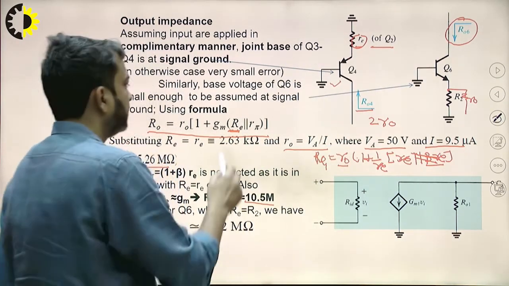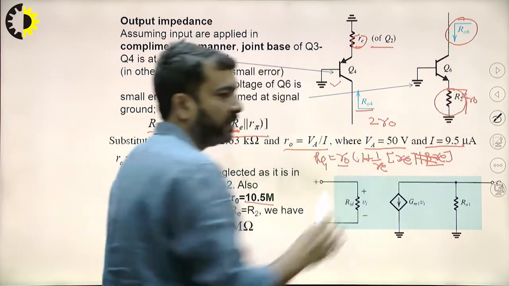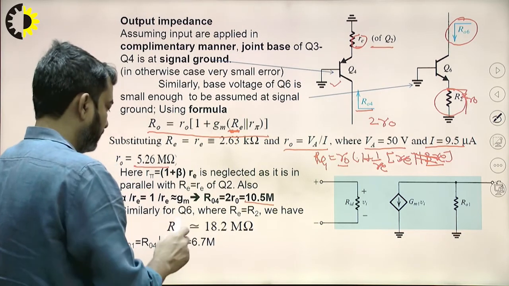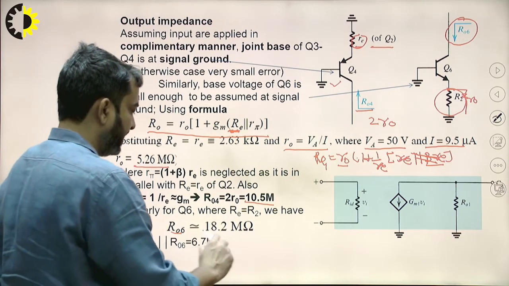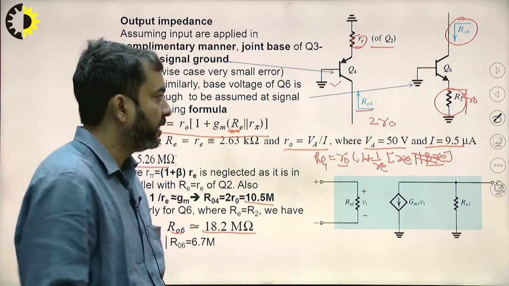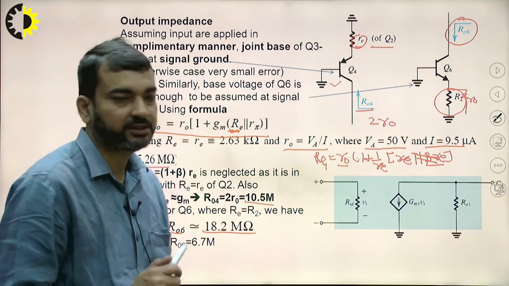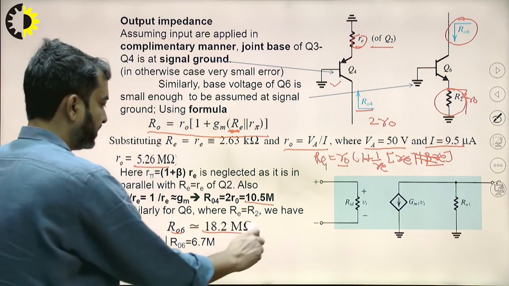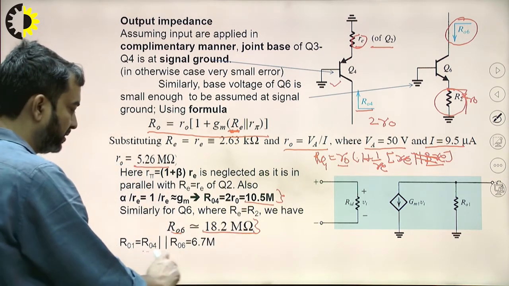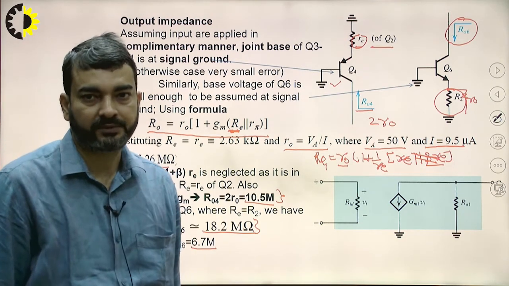Here Re is nothing but resistance R2, whose value is known. Solving this, we will get R06 as 18.2 mega ohms. Now the output impedance of the first stage will be the parallel combination of this resistance and this resistance, which will come as 6.7 mega ohms.